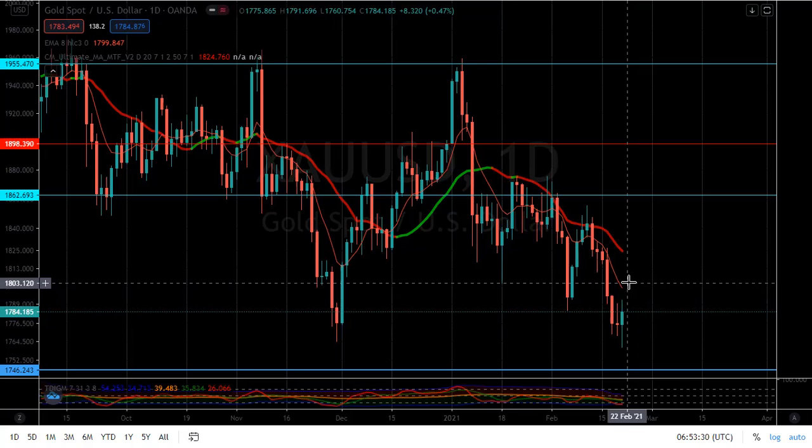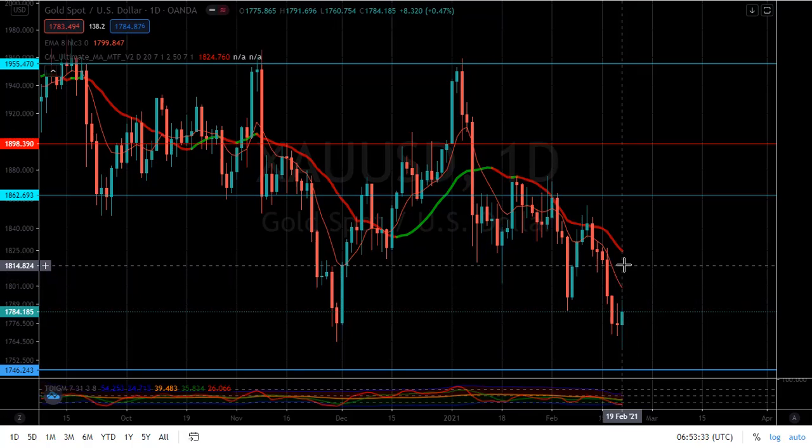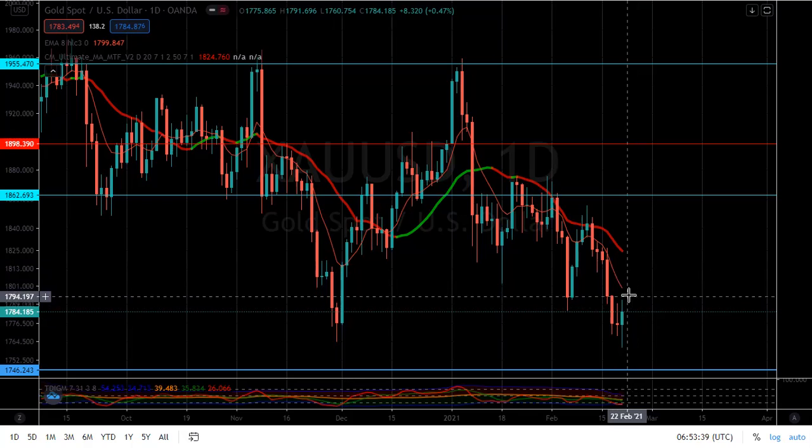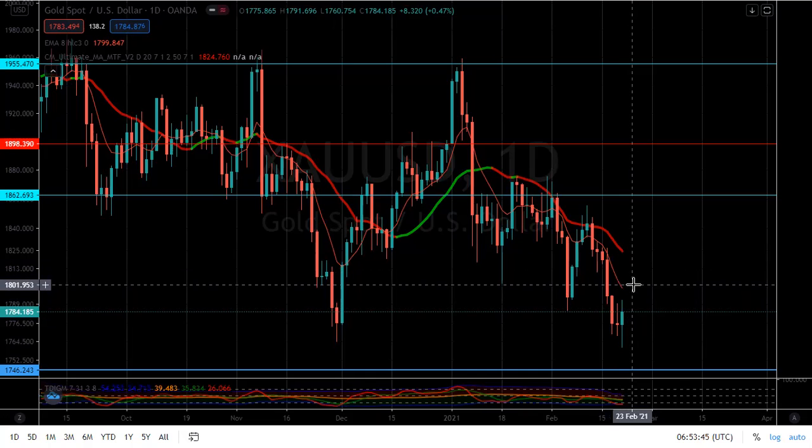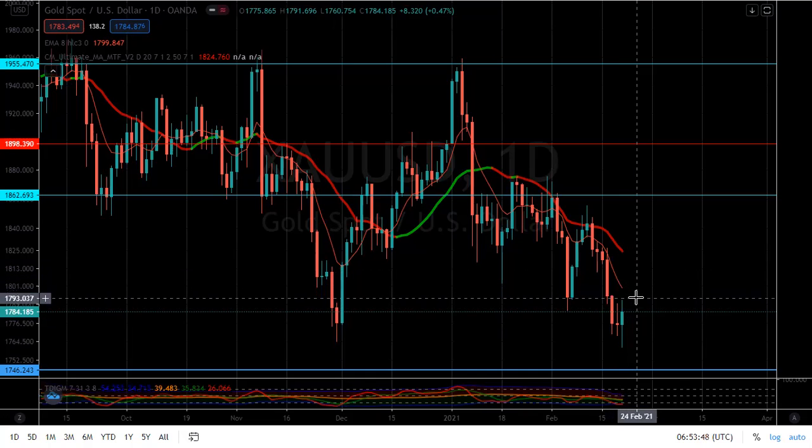Looking at the daily, between the 1803 and the 1807 area for reversals to continue to the downside here.